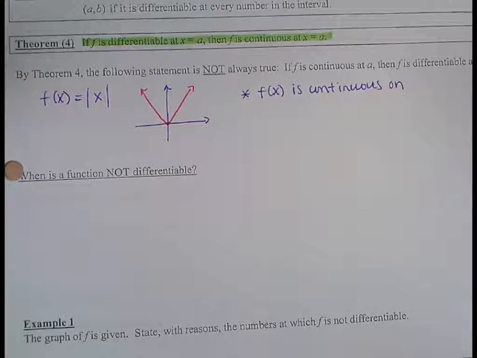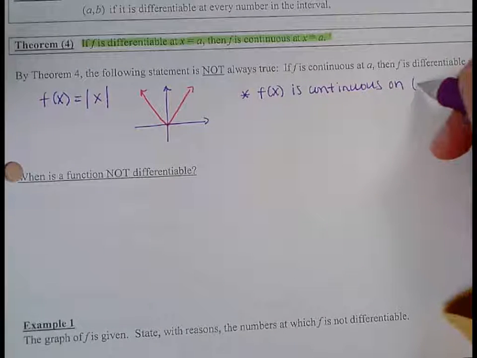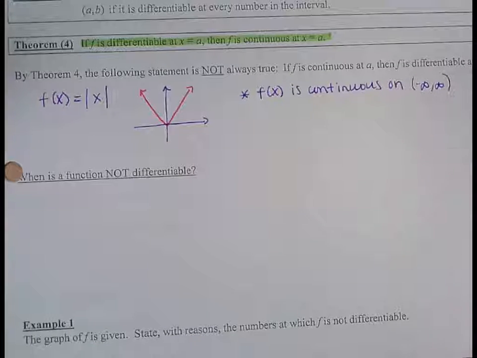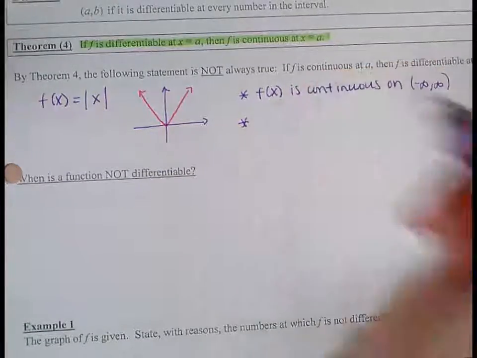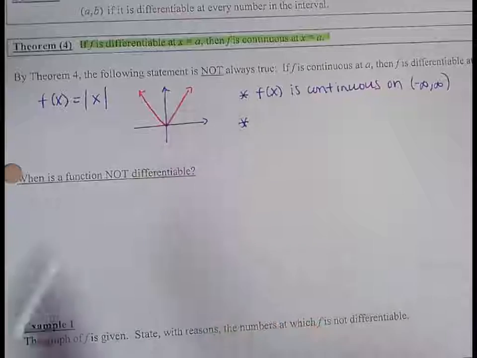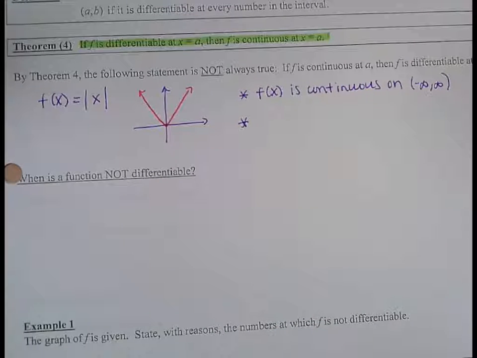On what interval or intervals is it continuous? So it's continuous everywhere, negative to positive infinity. There's no breaks in the graph. There's no asymptotes. However, this function is not differentiable everywhere.